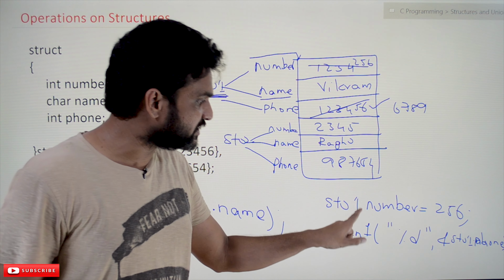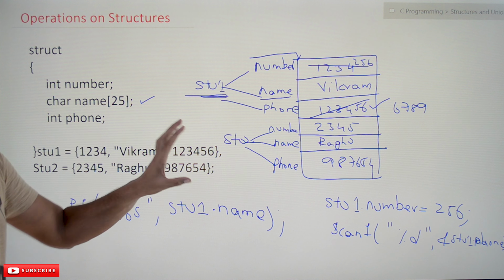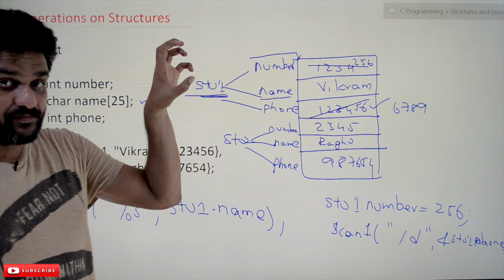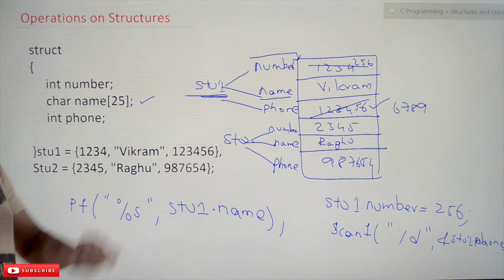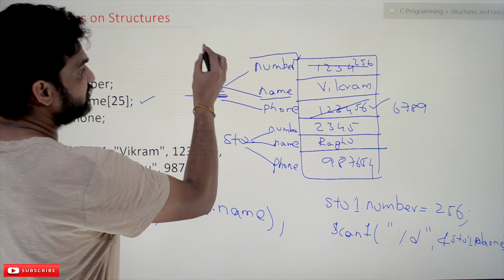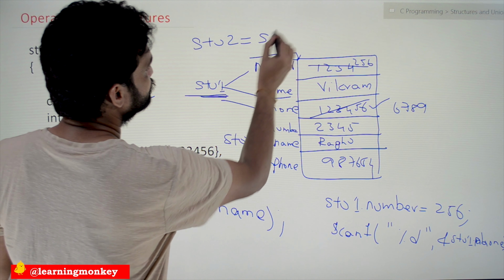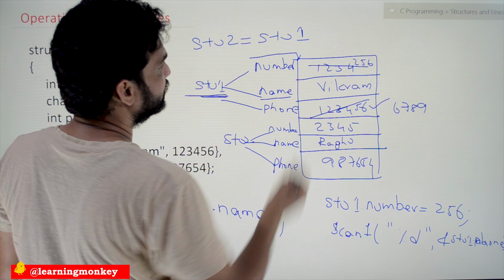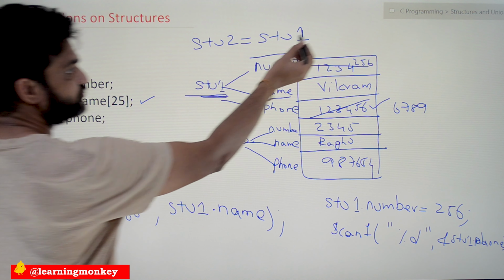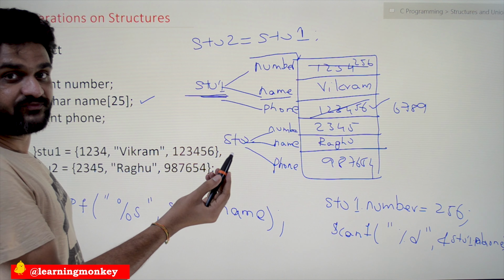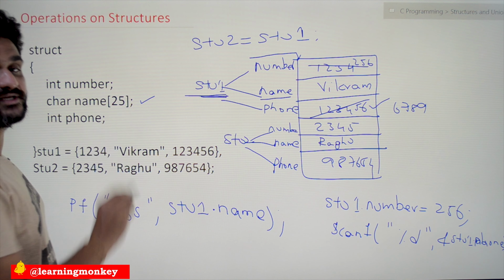The dot operator is the operator which helps us to get the members of the variables. Similarly, we can also write stu2 is equal to stu1. What happens with this? These kinds of assignments are also possible. Structure variables can be assigned to other structure variables.